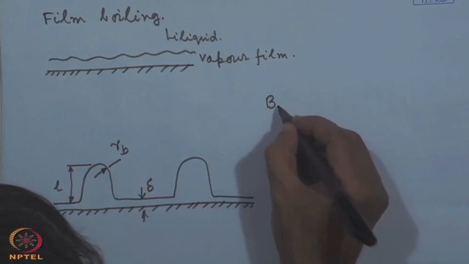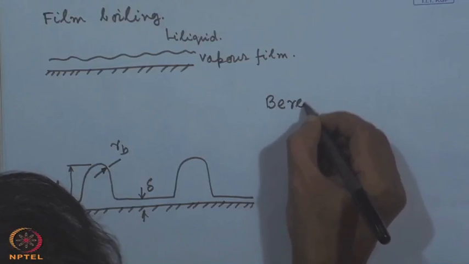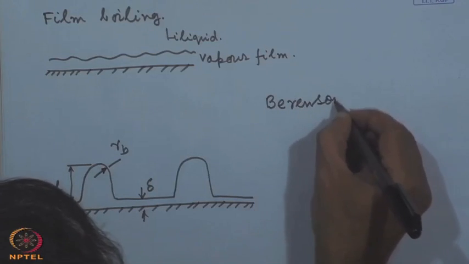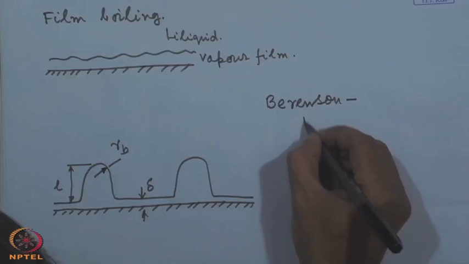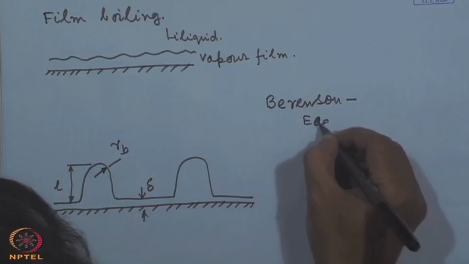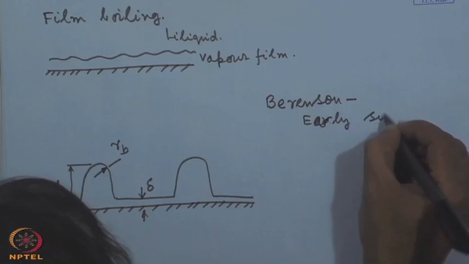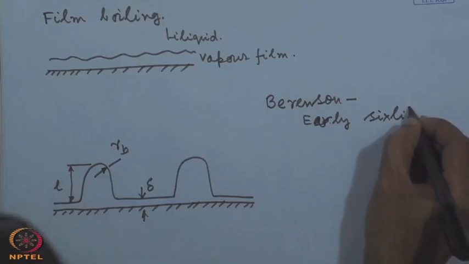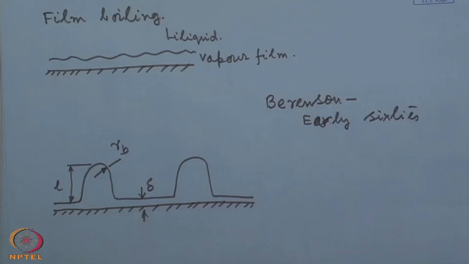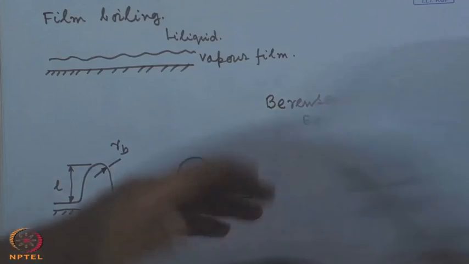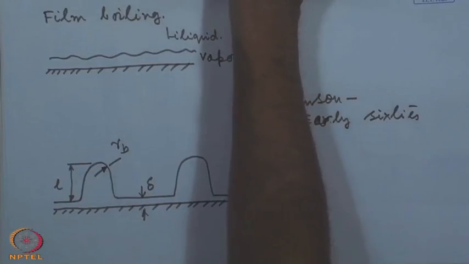In fact, long back Berenson, in the early 60s, has given a theory from which one can calculate all these things. What he has proposed is that it is a standing Taylor wave and there is a laminar flow of vapor. With this assumption, one can calculate what is delta.